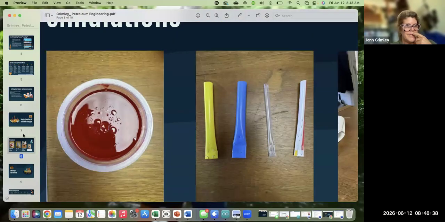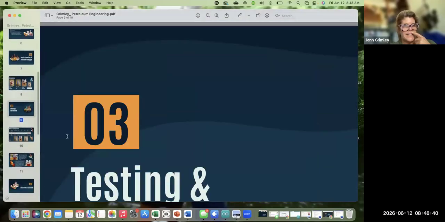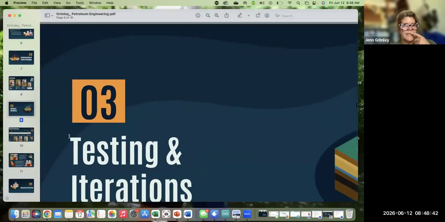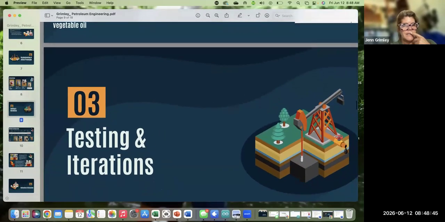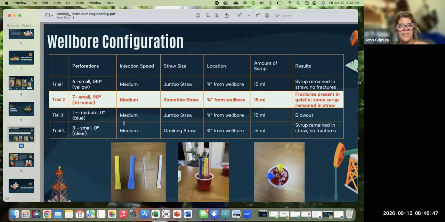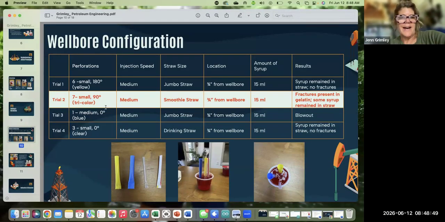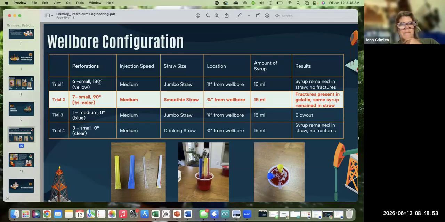In the process of the testing, here I have my testing and my results. I highlighted the one that worked the best. I struggled a little bit because there were so many variables associated with this project. The perforations were a variable, and the injection speed.